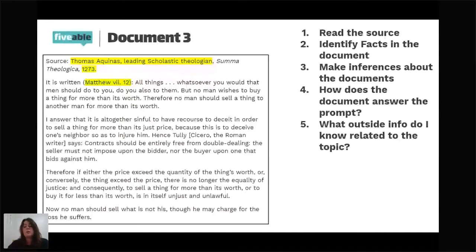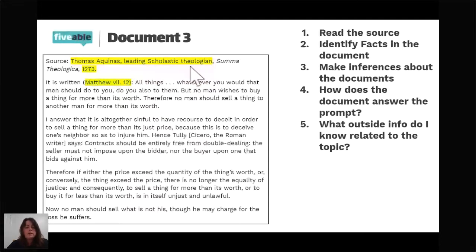Okay, document 3. Again, we're going to do the same thing. So our source here, so we have one document that's cool with merchants, one not cool at all with merchants. This one is Thomas Aquinas, a leading scholastic theologian, and it's from Summa Theologica, 1273.